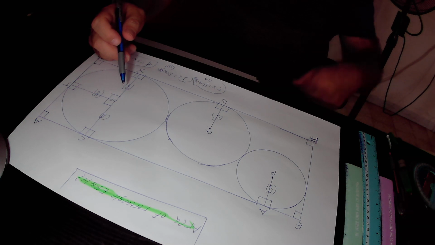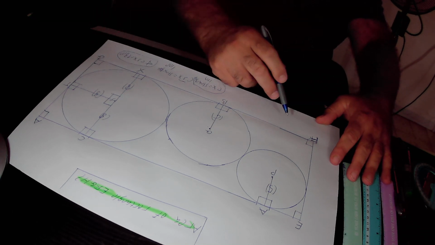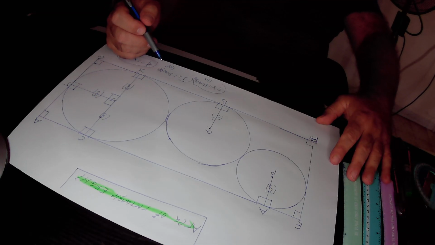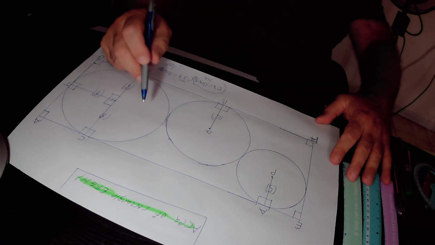So shape ECXF is a quadrilateral with 4 right angles, and therefore this big quadrilateral ECXF is a rectangle.